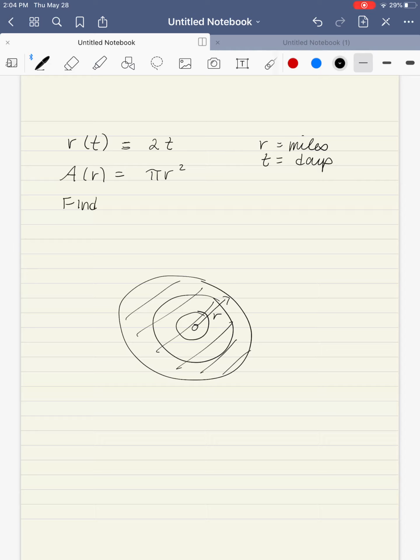And what I want to do is find the area of the oil slick at t days. In other words, I want to find a formula for the area in terms of t, time.